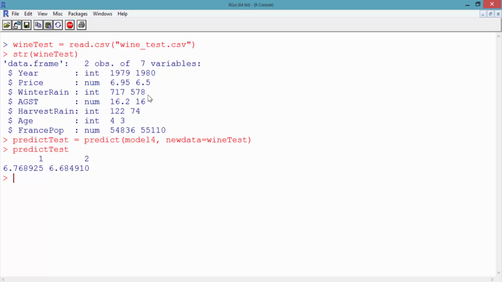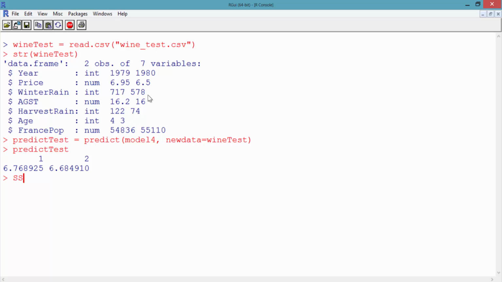Recall that the formula for R-squared is 1 minus the sum of squared errors divided by the total sum of squares. So let's start by computing the sum of squared errors on our test set.